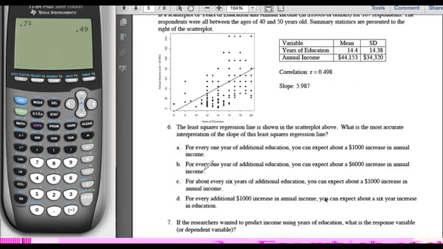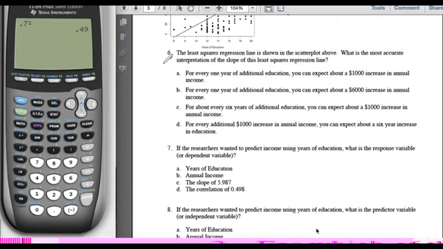Number 7 is related. If researchers wanted to predict the income using years of education, what is the response variable or the dependent variable? Recall that this was our explanatory variable on the bottom. Our response was over here, the annual income. So I would expect annual income to be my response.